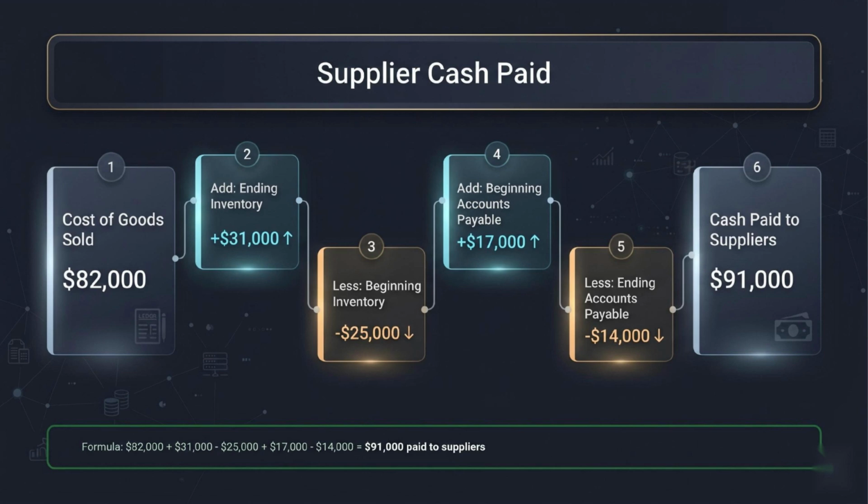Add beginning accounts payable of $17,000 because old supplier balances may have been paid in cash during the period. Subtract ending accounts payable of $14,000 because those balances are not yet paid in cash. The result is $91,000 paid to suppliers.